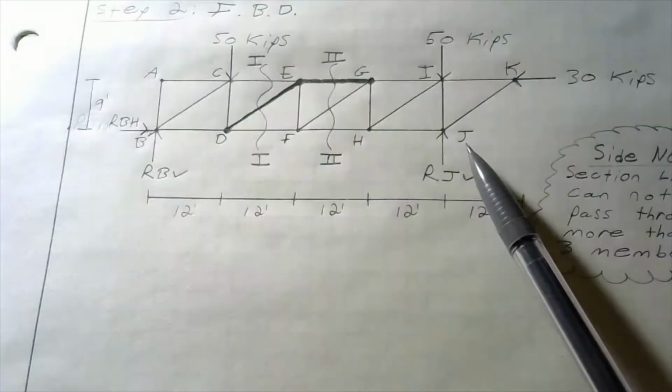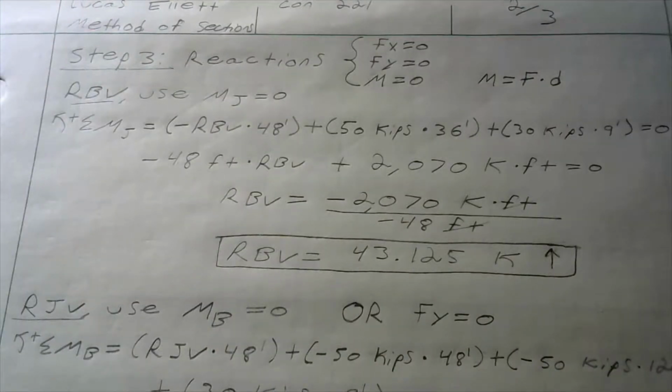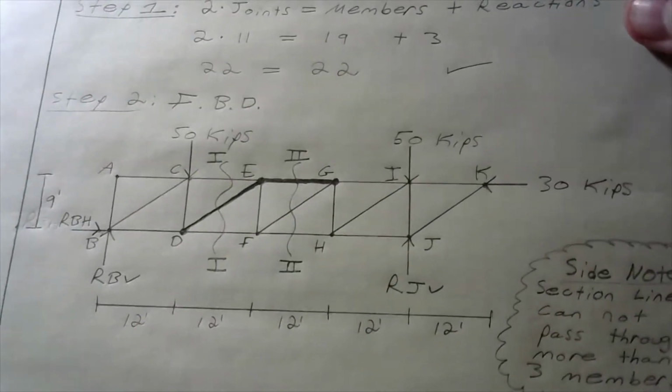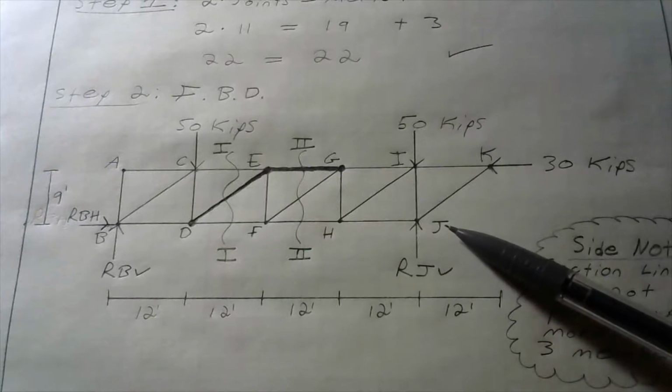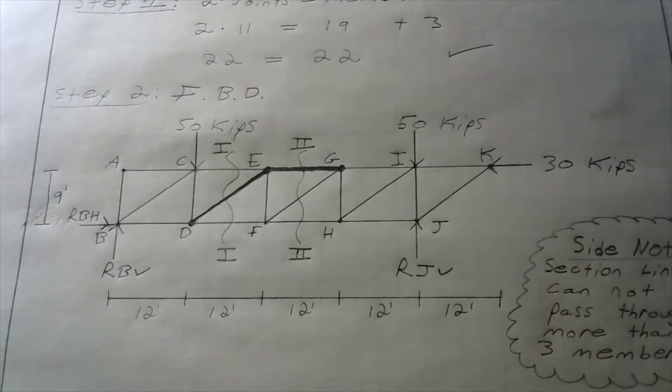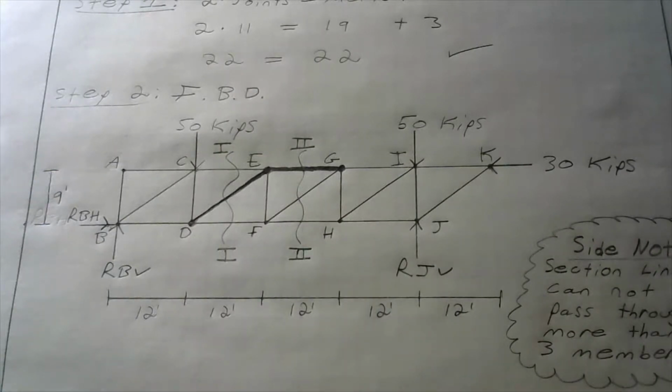So I started here at J, taking the moment, and this is what I got. This 50 kips, since it passes through J, is 0, because its perpendicular distance is 0. And this RBH passes through J, so its perpendicular distance is 0.